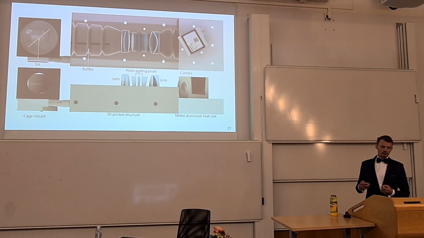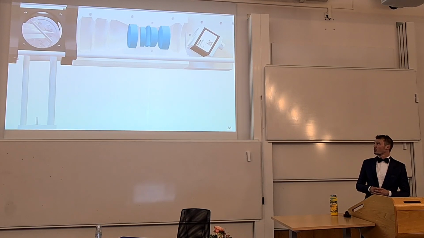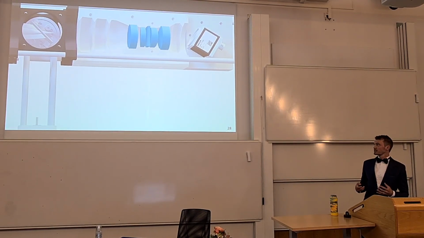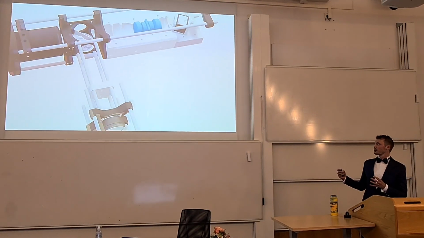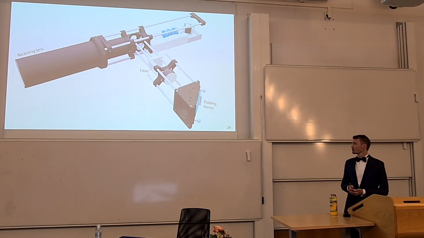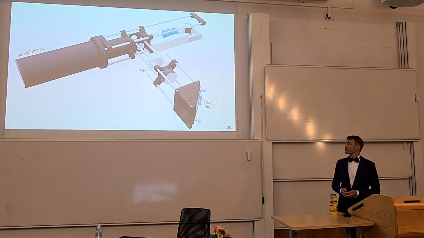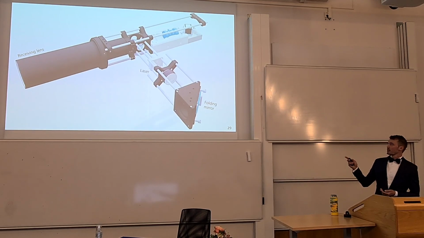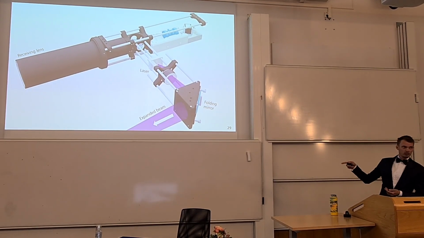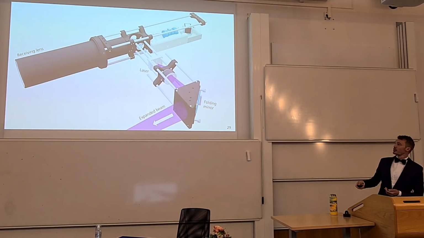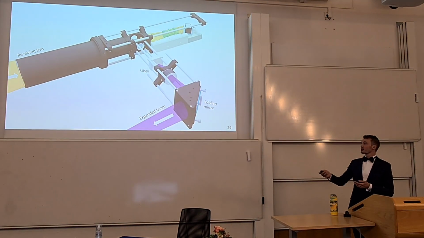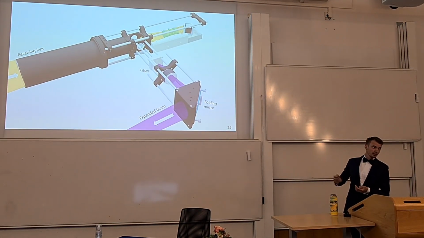Then we're not only using 3D printed plastic, we also add some other components for alignment purposes and so on. So here's the full view of the lidar. And the laser comes out, it's collimated and with polymer, comes out this way. And then the light that comes back goes through this receiving lens and hits the camera again.